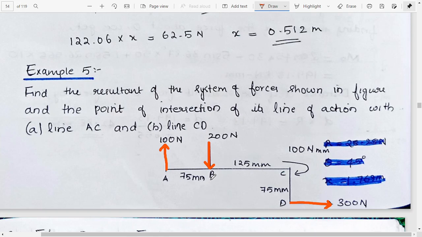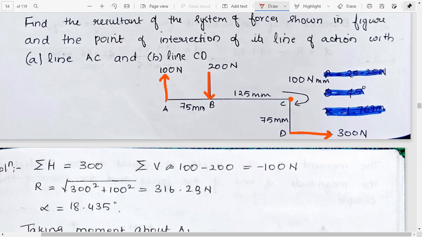Line of action in this case, first part is AC. We can consider C, or else we can use A. The answer will always be the same. Summation of H will be equal to only 300, because 300 is the only force which is acting horizontally.